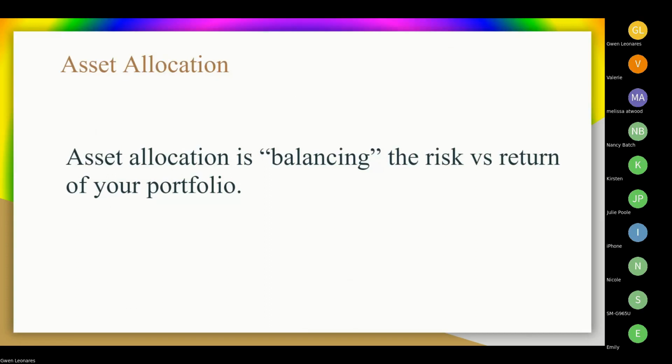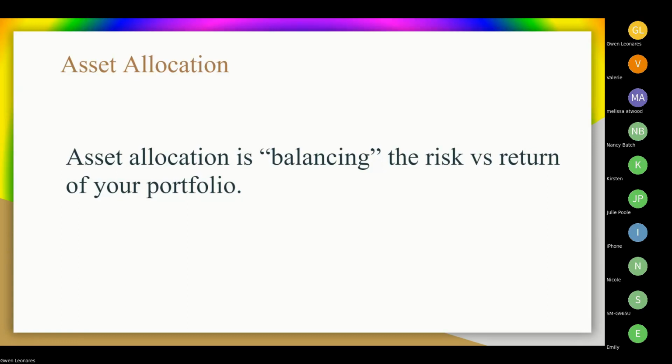Okay, so asset allocation is balancing that risk versus return. When we start talking about balancing our portfolio, we're going to look at what your risk tolerance is. Basically, how much risk can you take? Are you somebody that if the market goes down, you freak out and you just can't stand it?